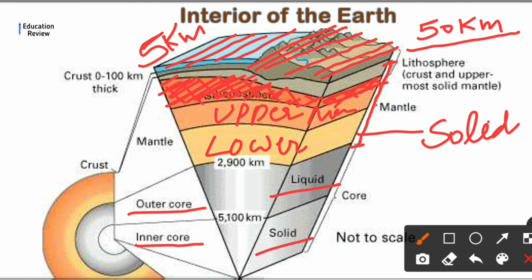I know a doubt comes in your mind: how is the asthenosphere jelly-like or viscous in form and the lower mantle in solid form, and again the outer core in liquid form and inner core in solid form?